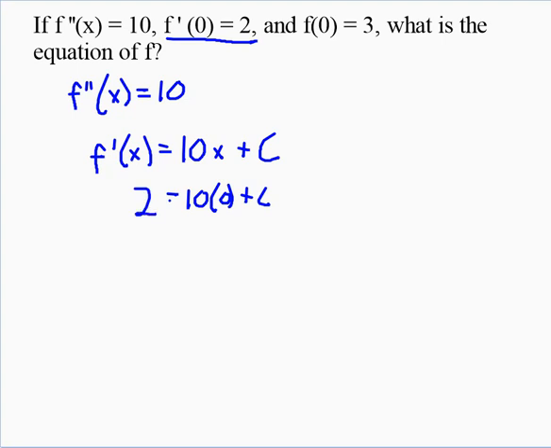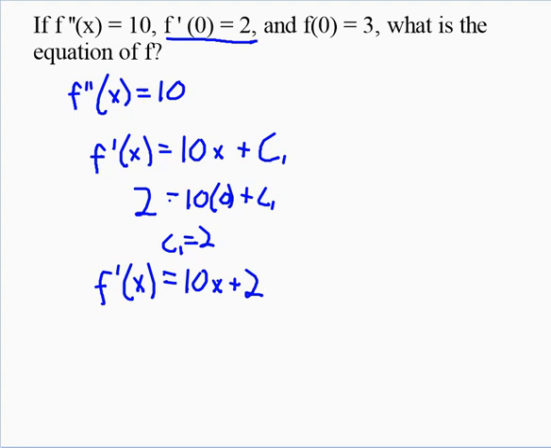So this actually tells us that this constant here is equal to 2. So c equals 2. I'm going to put a c sub 1 here because this is our first c that we're talking about. We might have to deal with one a little later. So putting this back in, we actually get f prime of x is 10x plus 2.